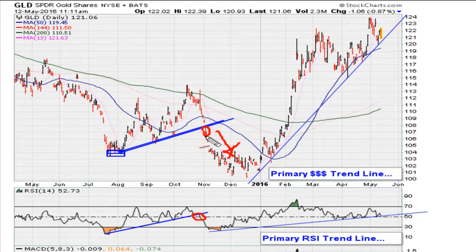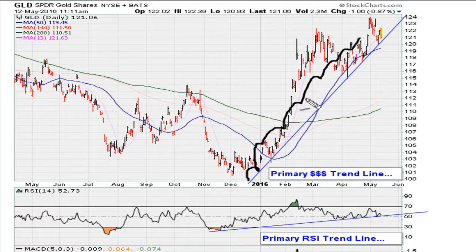What I'm saying is, after a nice move in gold and the metals over the last 3 months or so, we are now approaching a potential break of a primary trend line, and keep in mind that the RSI right now is trading at 52.73 on the daily.